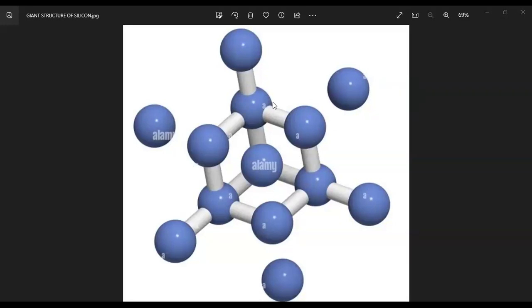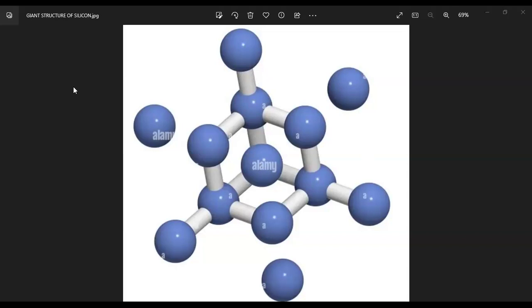More atoms are there, but we try to capture only this in 3 dimensions, in which each silicon atom is covalently bonded to 4 others in a tetrahedral arrangement. You can see the tetrahedral here.